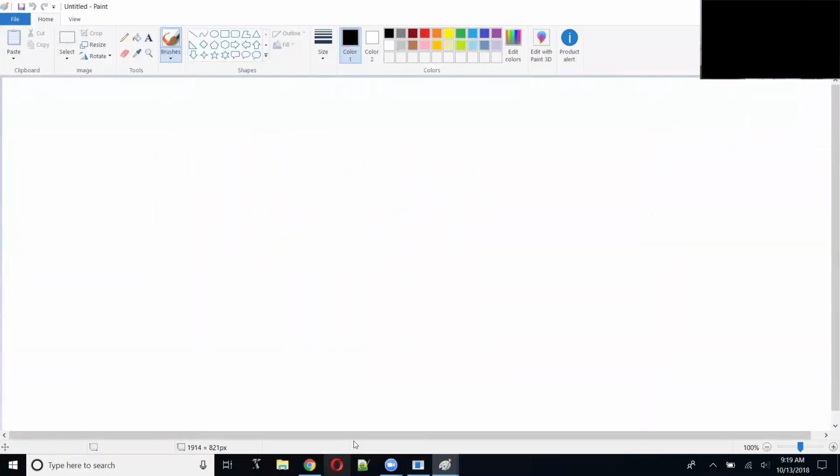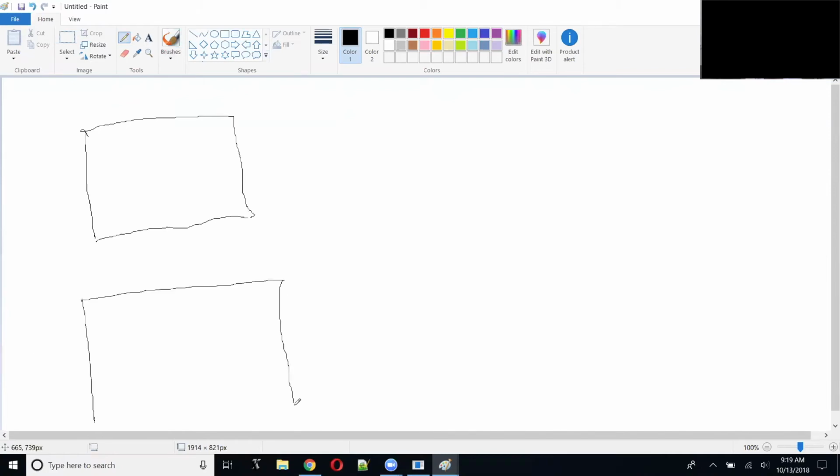Let's say you have this image here, and this is your first layer of neurons, layer 1.